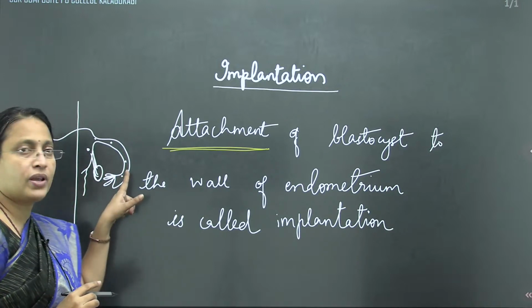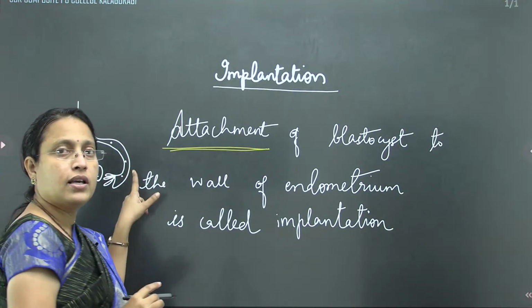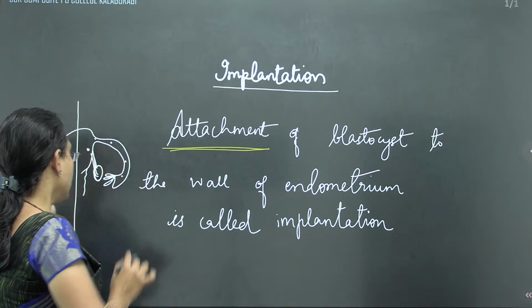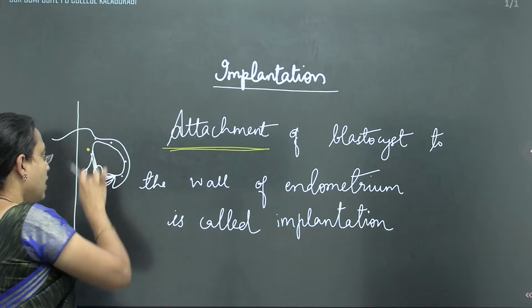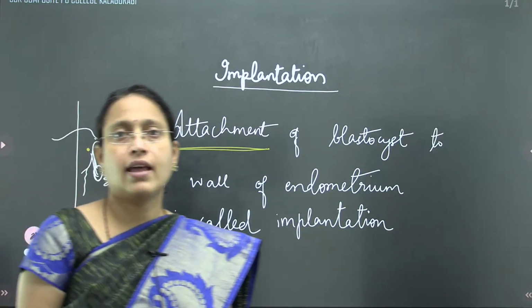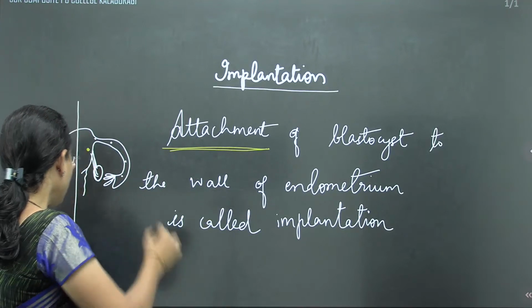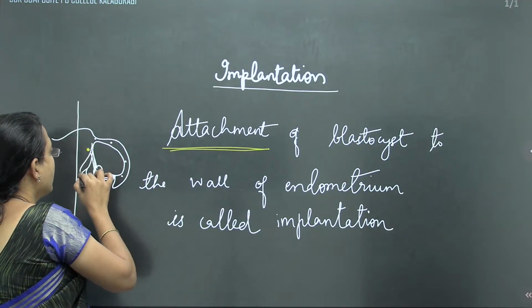The zygote is formed in the ampullary region, and as it divides it forms the early embryonic stage, the blastocyst. The blastocyst will bury in this wall.